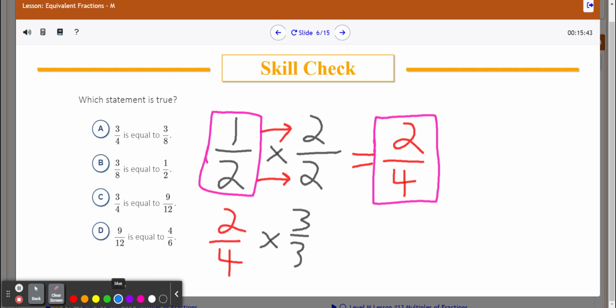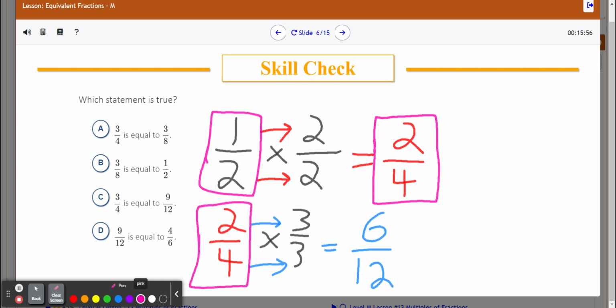This time 2 times 3 on top gives me 6. 4 times 3 on the bottom gives me 12. Again, these are equivalent fractions. 2 over 4 and 6 over 12 are equivalent fractions. All of these in purple, 1 over 2, 2 over 4, 6 over 12, those are all equal. Those are all equivalent fractions.